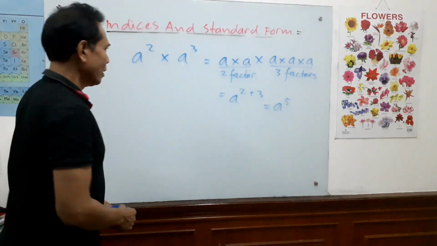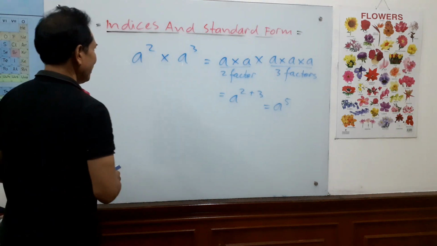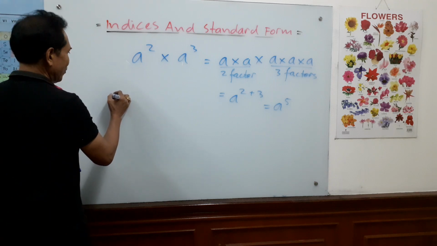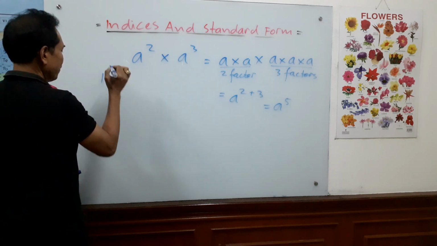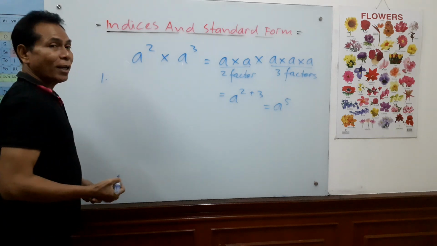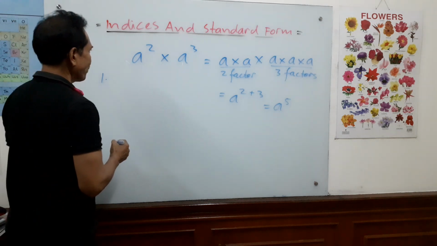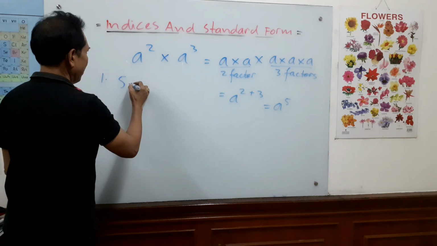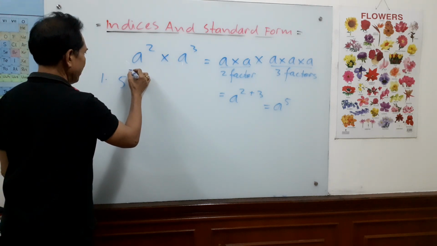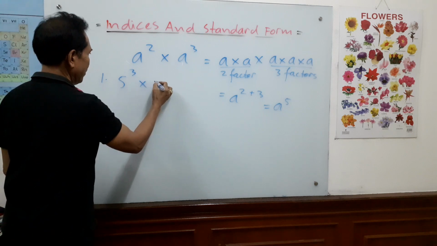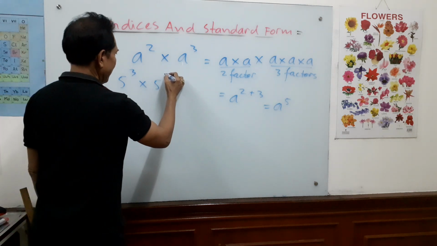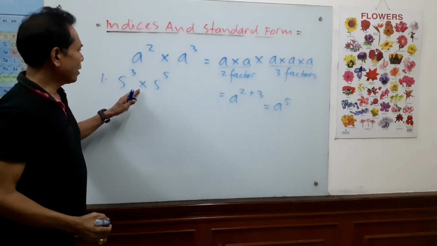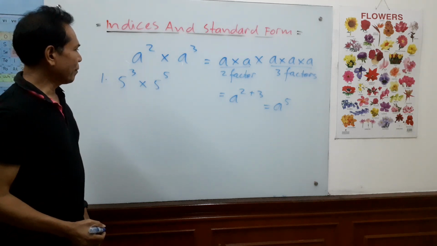Okay? Let's bring in some numbers. So we put our first example here. We use real numbers: 5 power 3 times 5 power 5.